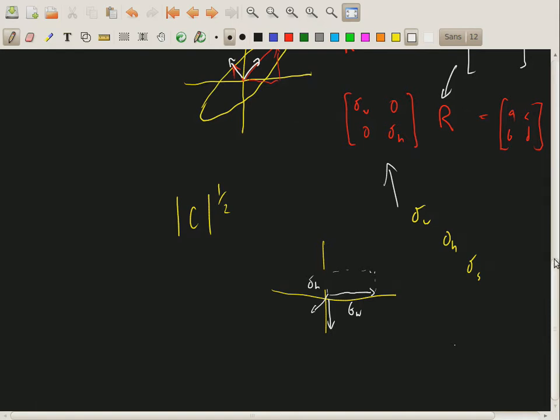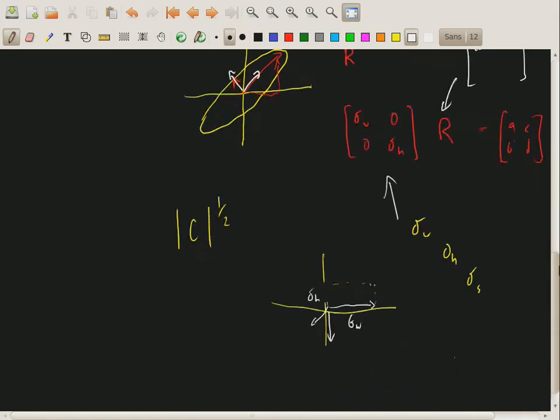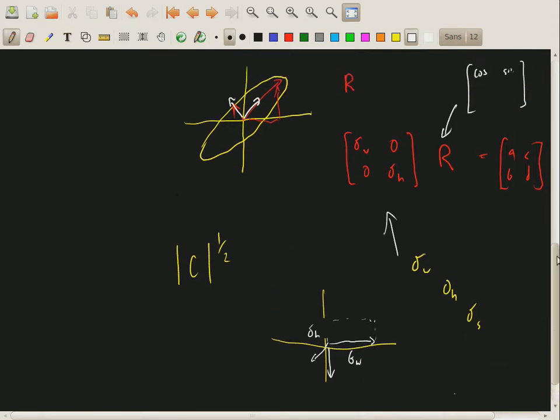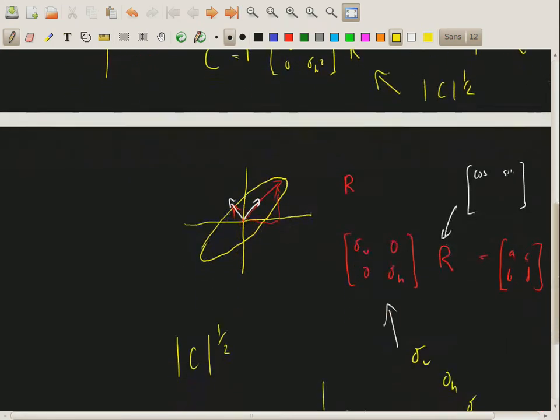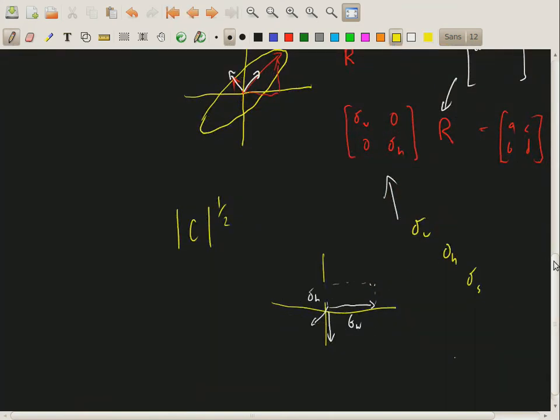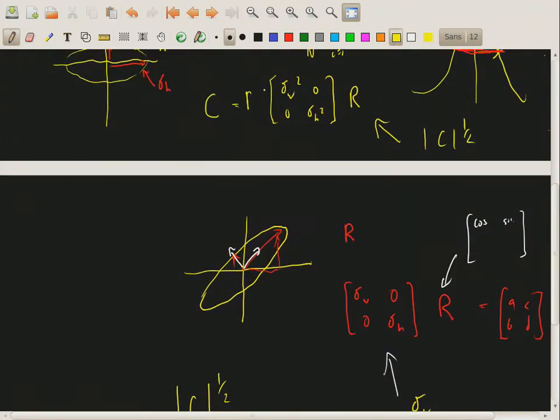So think about what's going on up here. The determinant we actually have is the determinant of C to the half. C is not the set of axes. C is a result of R, R times these set of axes squared times R transpose at the end, yeah? And then it's square rooted.